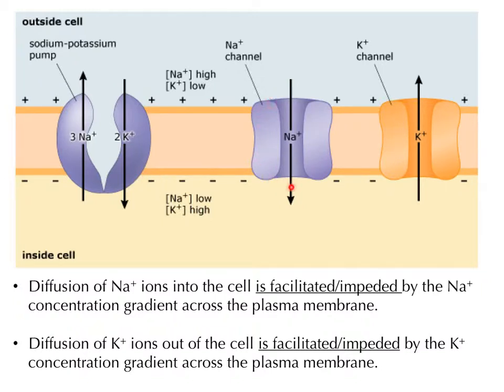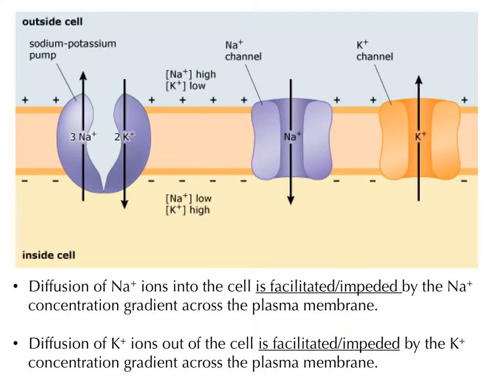So how's that going to influence sodium and potassium when they try to move back across the membrane? So let's look at this. Diffusion of sodium ions here is facilitated by or impeded by the sodium concentration gradient. So we have to look. Okay, so sodium is going to be moving this way. Is it promoted or impeded? So we look going from high to low.